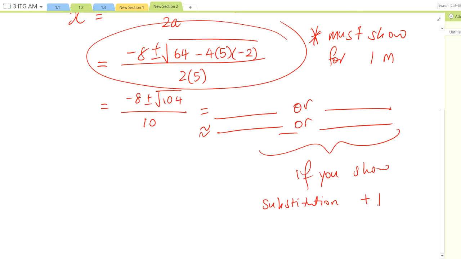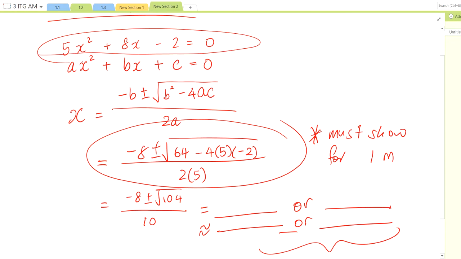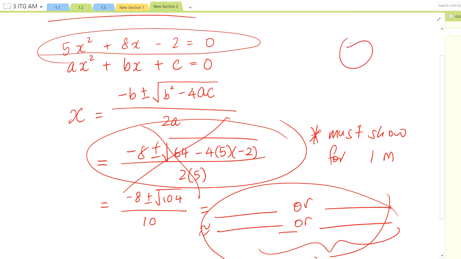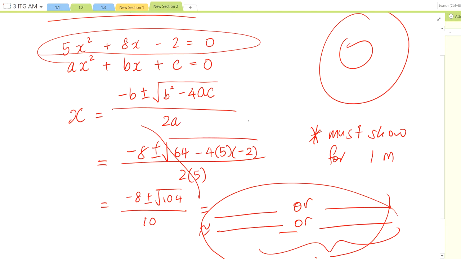What this means is that if you have an equation given to you like that, you don't show substitution, you miss out this step, you show me the correct answer, you get 0 marks. It's either 0 or 2 marks. How do you get 2 marks? You must show the substitution. You must get the correct final answer. Okay? Am I clear? Okay.